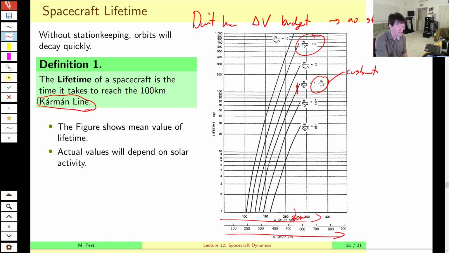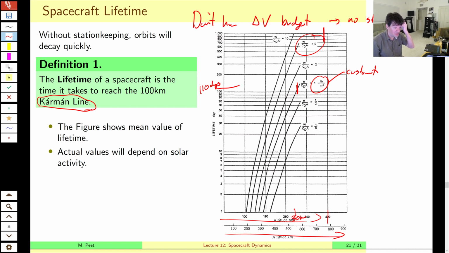We see that maybe it lasts 110 days. So a normal spacecraft, with a normal ballistic coefficient of 100, will last 110 days at a 300 kilometer orbit. So not long. You boost it up to 400 kilometers and you get a lot longer.